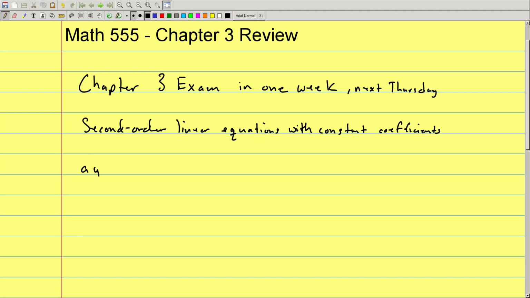What that means for us is that we write the differential equation to have the form that looks like this: ay double prime plus by prime plus cy equals g of t.